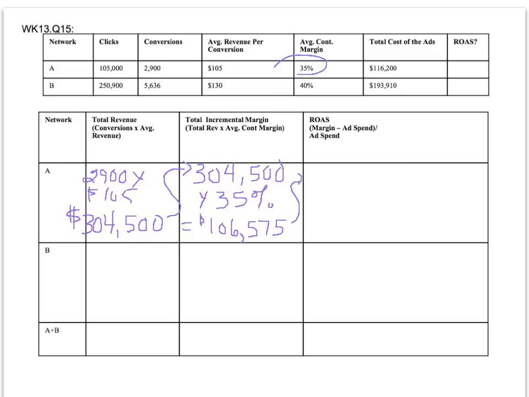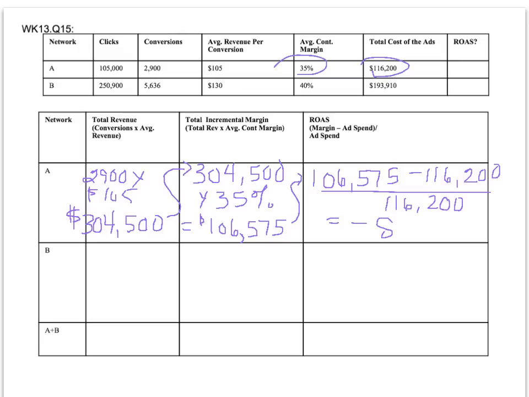So now we're ready to plug that into our ROAS formula. 106,575 minus the cost of the ads at 116.2, all divided by 116.2, gives you a negative return of 8.28%.